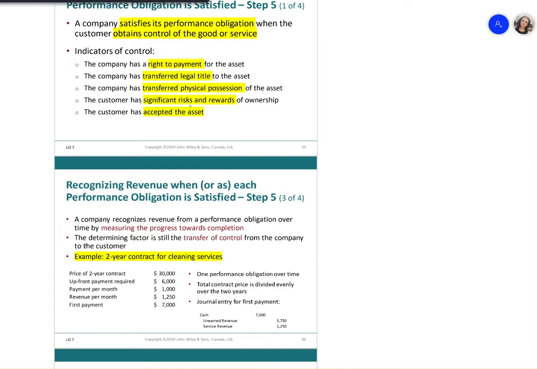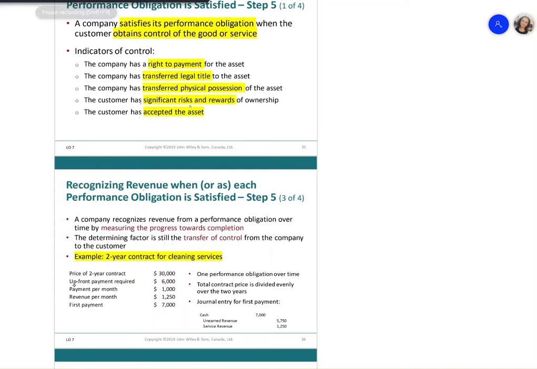The determining factor is still the transfer of control from the company to the customer. So sometimes we recognize the revenue when each performance obligation is satisfied. Sometimes we measure the transaction price according to the performance obligation, but then we need to know when we are providing these services. So when do we record the revenue?